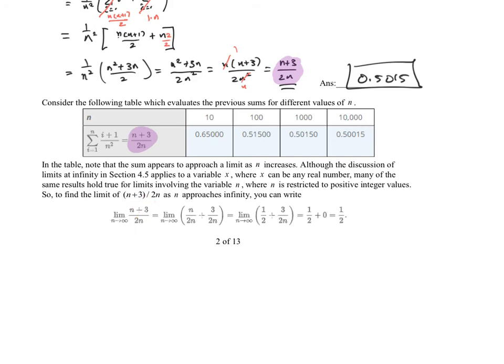And when you do that, what they did was they separated it. Personally, I would have seen this as balanced because it's a fraction and you have an n on top and on bottom. So I would have done the ratio of the leading coefficients, which is 1 over 2, and you would have gotten your answer. But what they did was they separated it. They had n over 2n, which is 1/2, and then they had 3 over 2n, and that's fine.